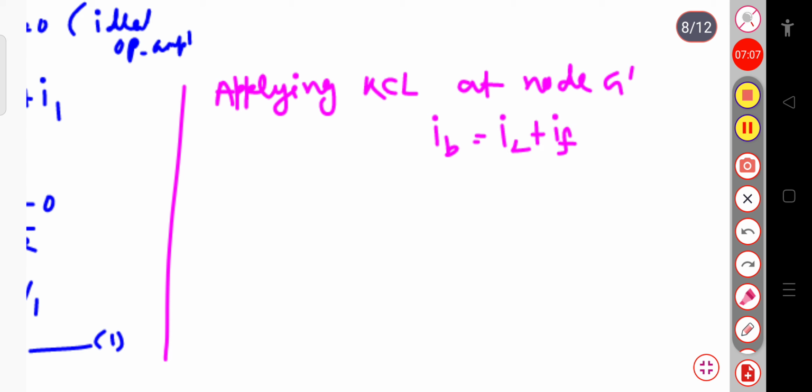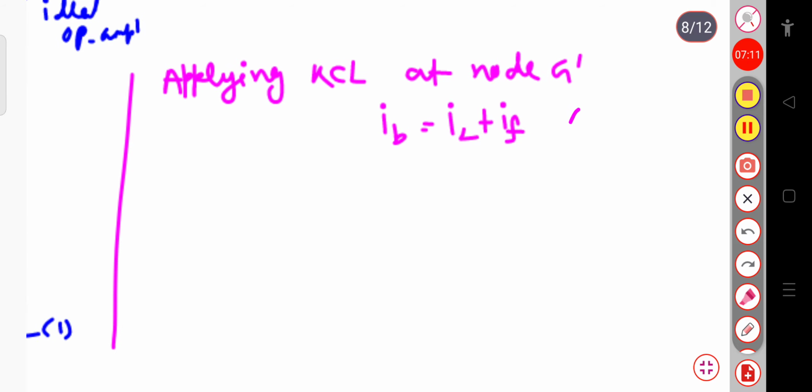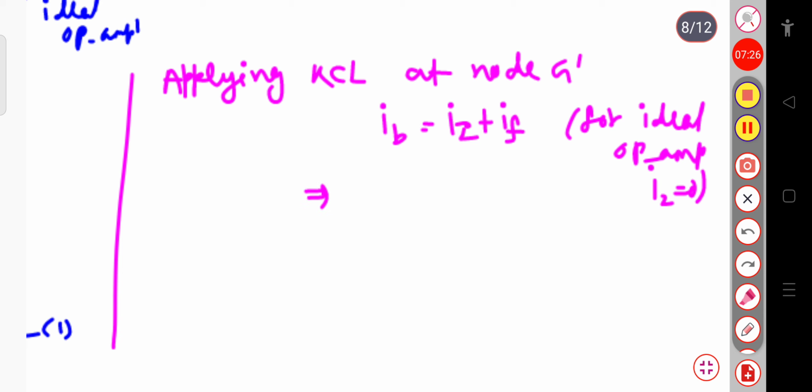But for the ideal operational amplifier, I2 equals 0. Since I2 equals 0, that implies IB will be equal to IF.